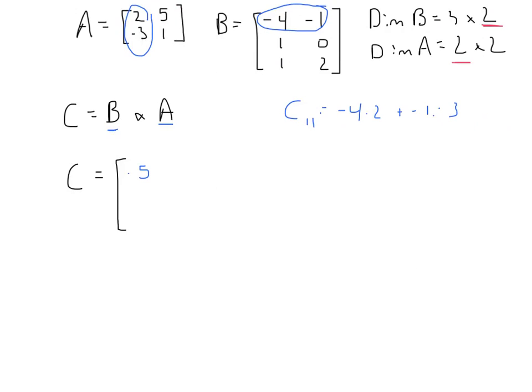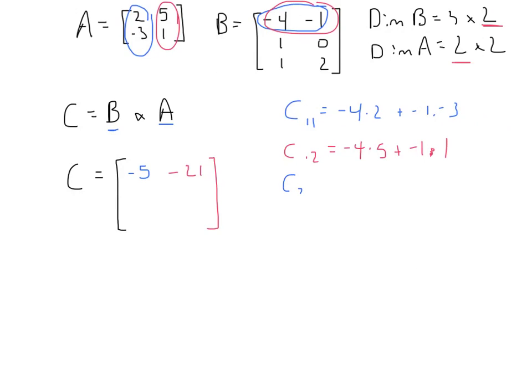And we'll go through the rest of this multiplication pretty quickly. For C12, we'll again have first row now times second column. We'll get negative 4 times 5 plus negative 1 times 1. And that's going to give us negative 21.